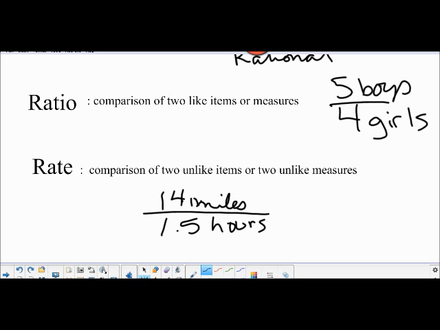Well, that's a rate because we're comparing miles, which is a distance, to hours, which is a time. We talked a lot about rates before. We talked about Paul and his dad cutting cords of wood, and the rate was cords of wood per hour. One measurement is the number of cords, and the other measurement is time, hours.